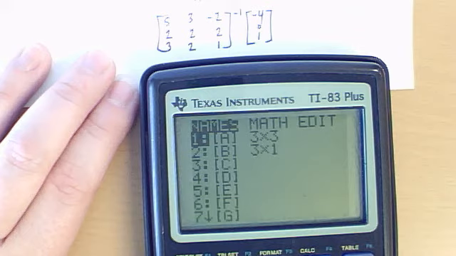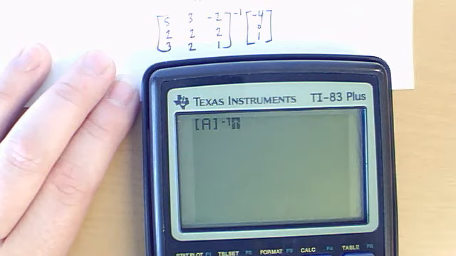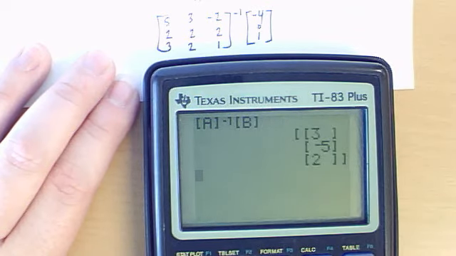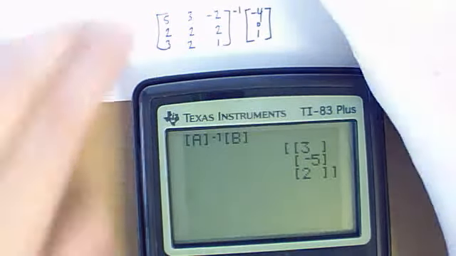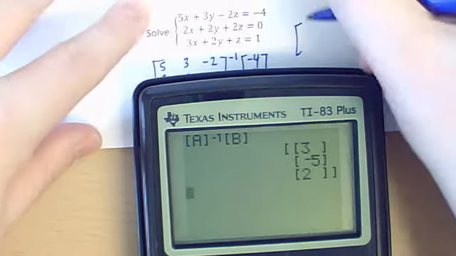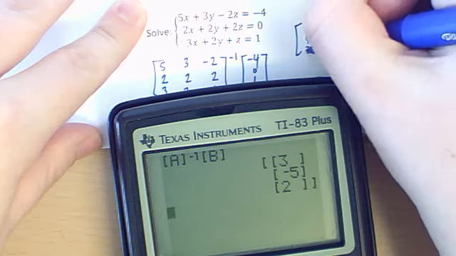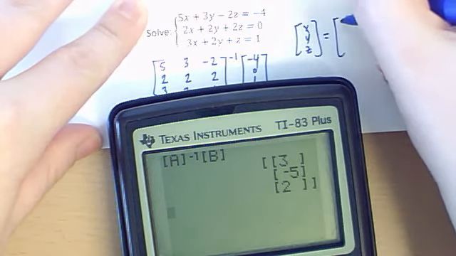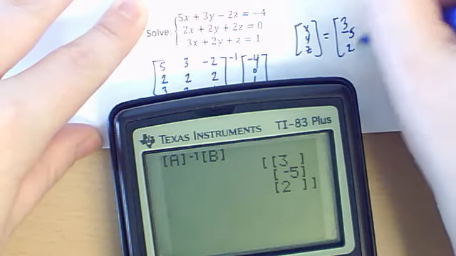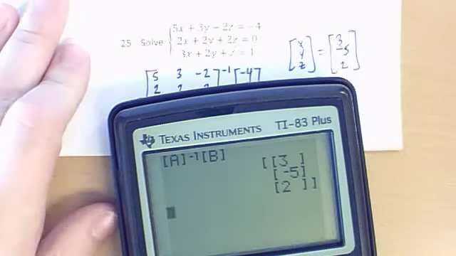Okay, so matrix, enter, negative 1, matrix B. So there are my answers. X, Y, Z is equal to 3, negative 5, 2. So those are your answers for each of those.